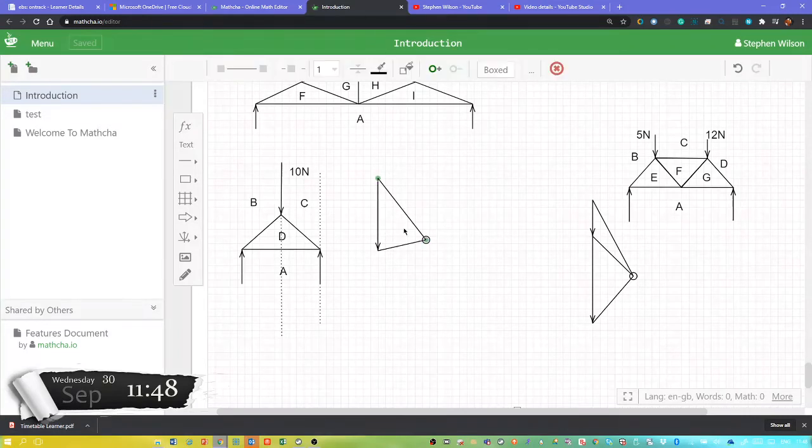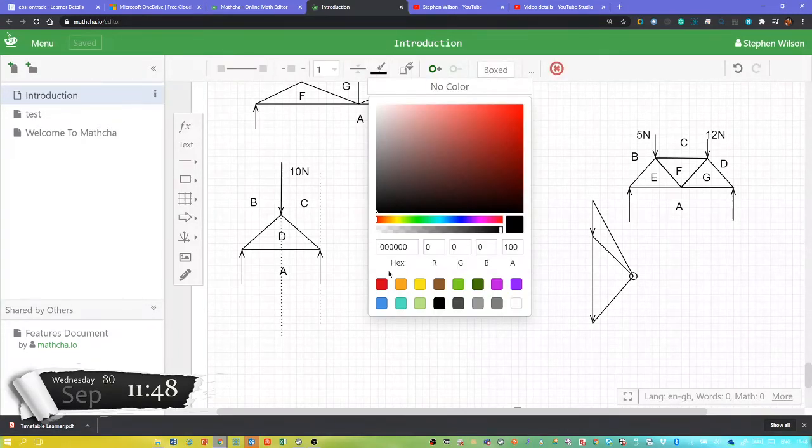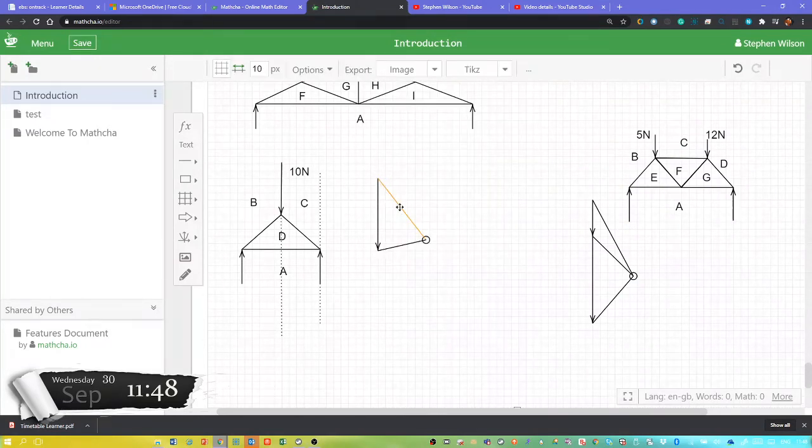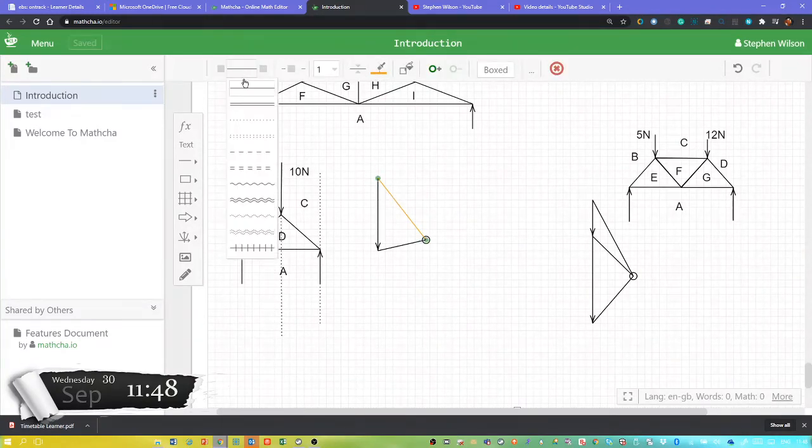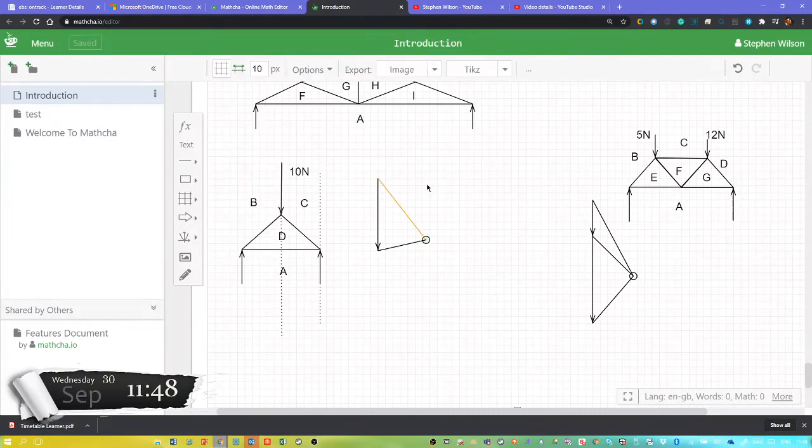I'm going to color coordinate this now. Let's have a nice shade of orange. The first thing we do is measure the angle of that line, and if we're using a protractor, we just need to be consistent. If we put our protractor horizontally and measure this angle, then when we draw our line again, we measure that angle.